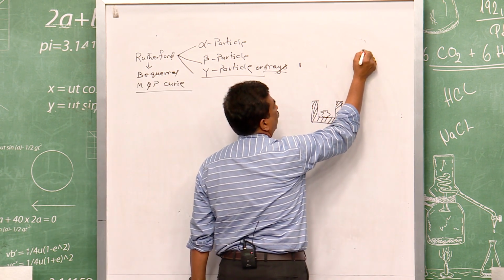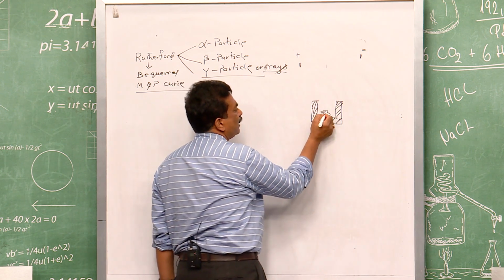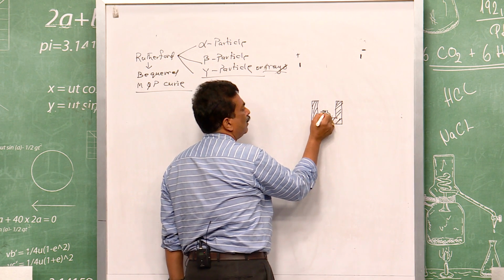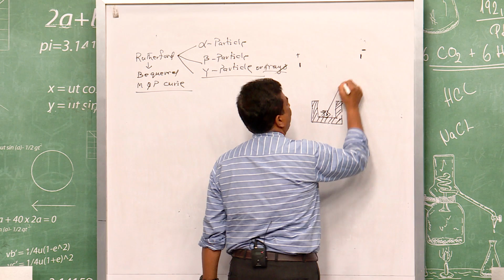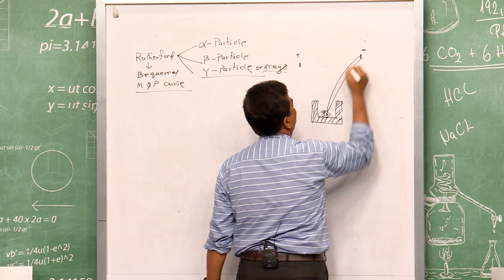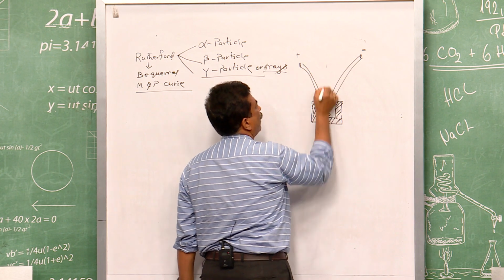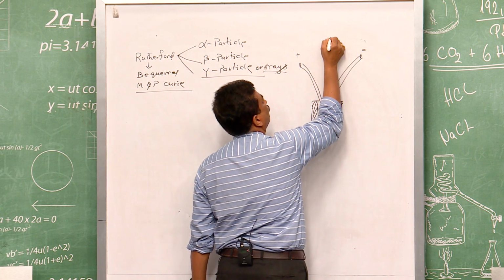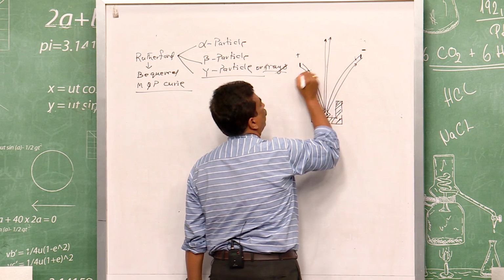Suppose this is the negative end and this is the positive end, and from this radioactive substance some rays go this way and some rays go that way.